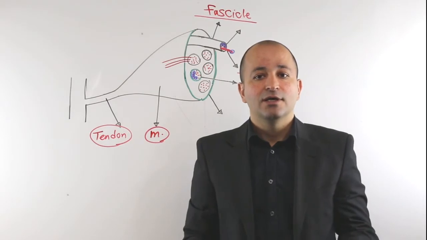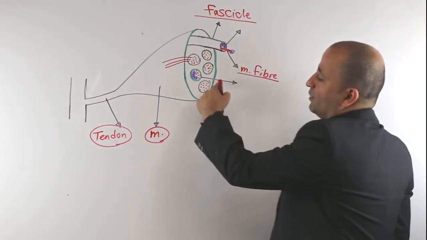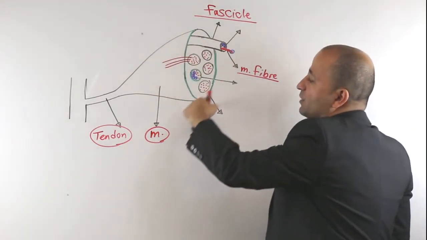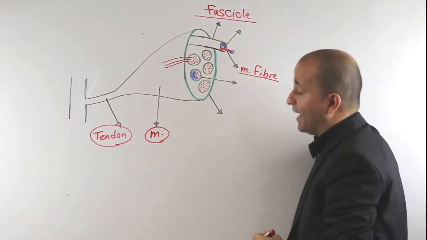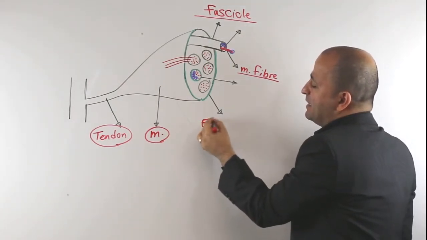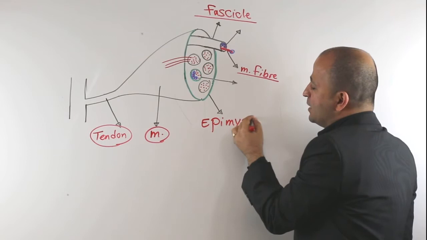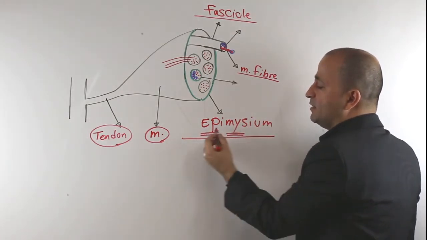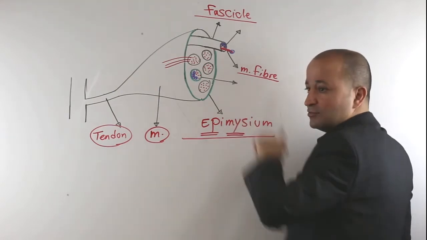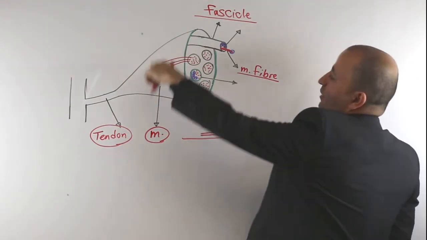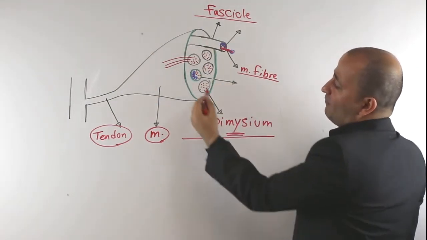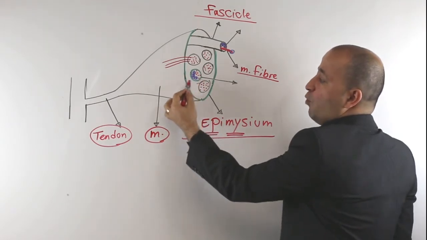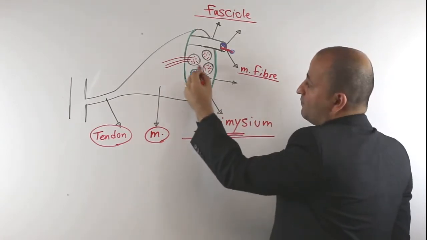They ask you, what is the cover or membrane covering the whole muscle? The answer is epimysium. Mysium means muscle, and epi means around. So that's the name of this cover, epimysium. What is the cover around one fascicle?